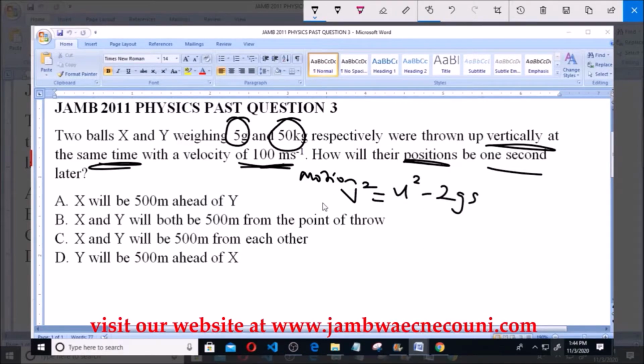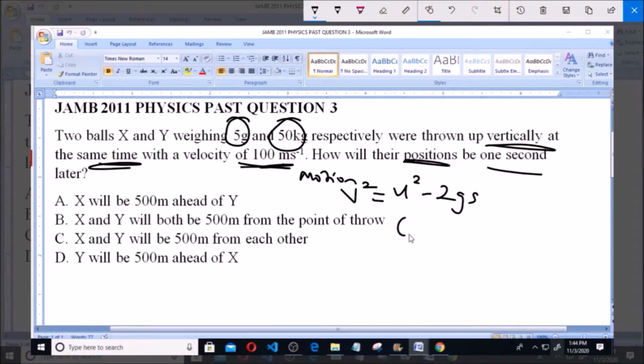So we can use this to get the position or distance traveled after the stipulated time. Now v, which is our final velocity, will be taken as 0. u, which is the initial velocity, is 100 meters per second, minus 2 multiplied by g, which is acceleration due to gravity, approximately 10 meters per second squared, multiplied by s.